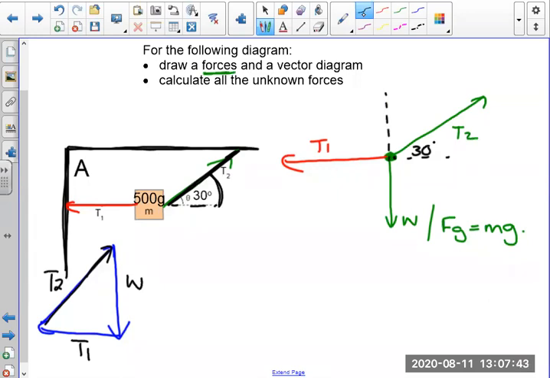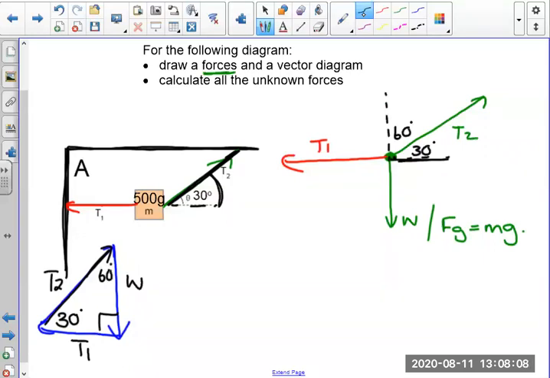So this angle here is 30, so this angle is going to be 60. So when I look at this, I can see that this one that makes an angle with the x-axis is 30. Can you see that? This one here is going to be a 90-degree triangle, and then this one is going to be a 60.